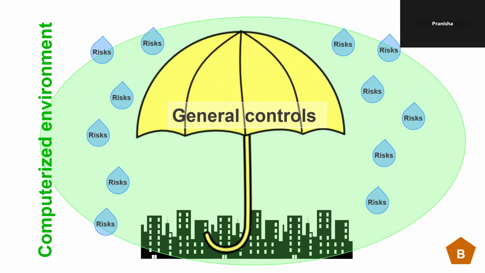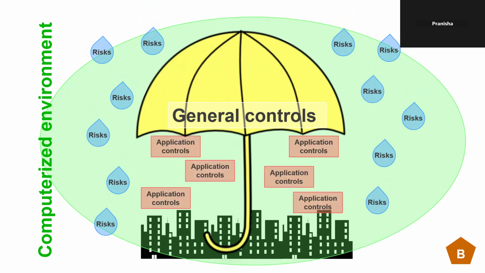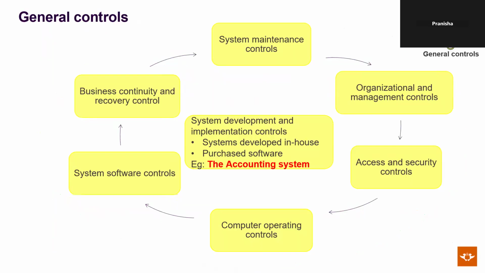So it's basically looking at the starting point of implementing controls within an IT environment. And once we've implemented controls around our computer environment, that is general controls, it is only then where we will look at application controls. We will look at some examples, but as I've mentioned, application controls will be done in more detail in your 3rd year of studies.